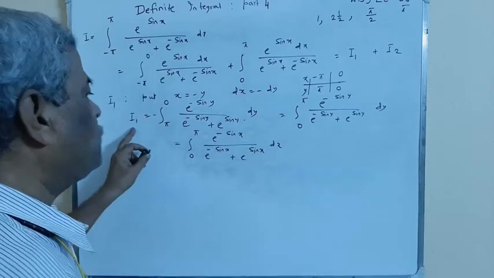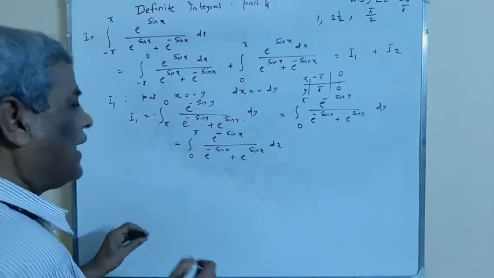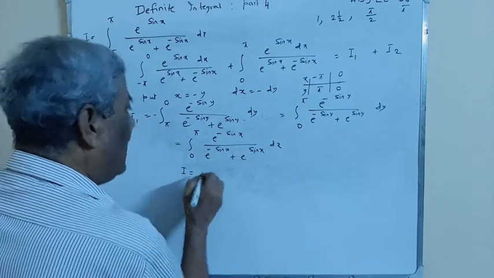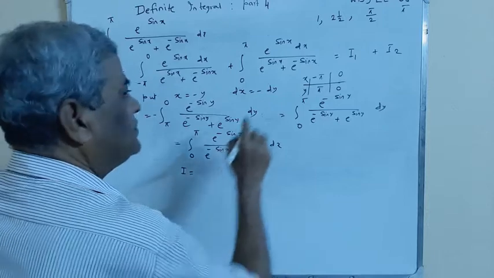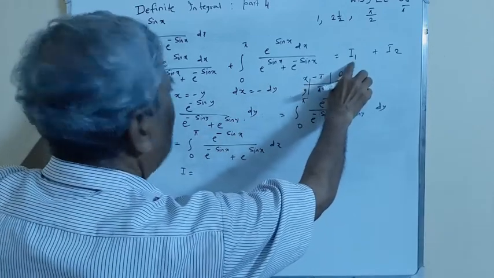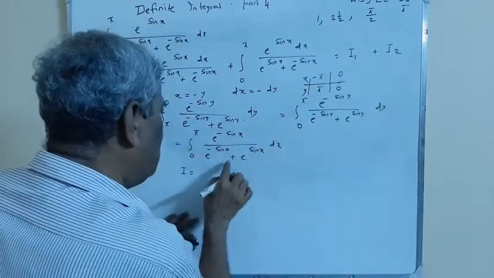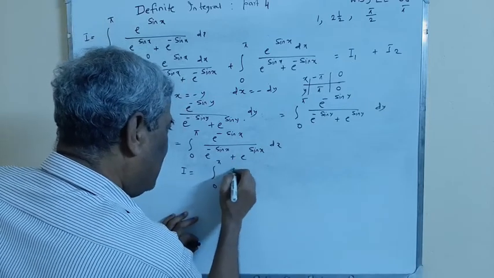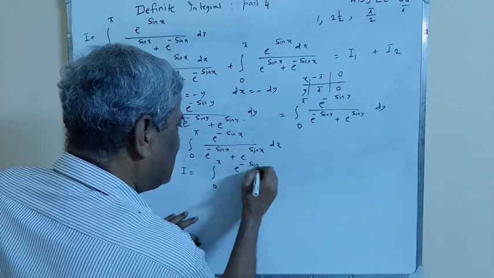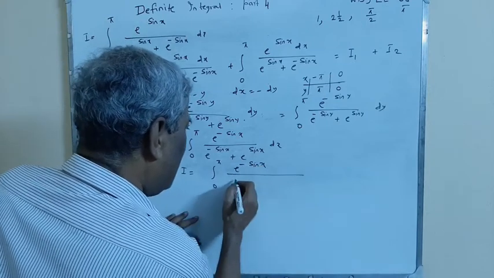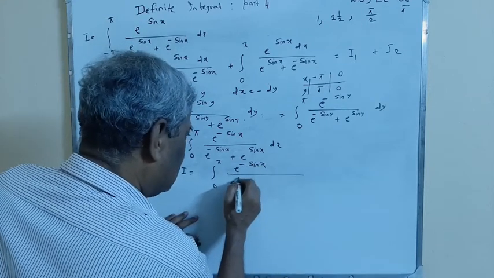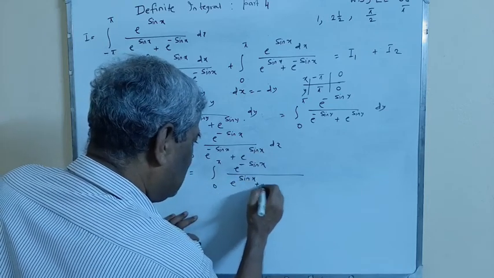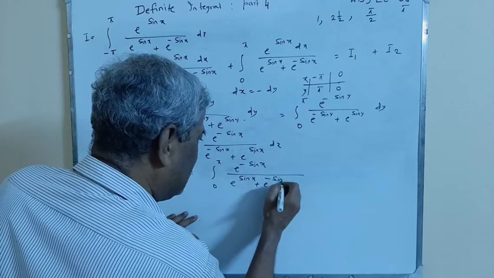This is our I1. So I is equal to I1 plus I2. I1 is this, 0 to pi e to the power minus sine x by e to the power sine x plus e to the power minus sine x.